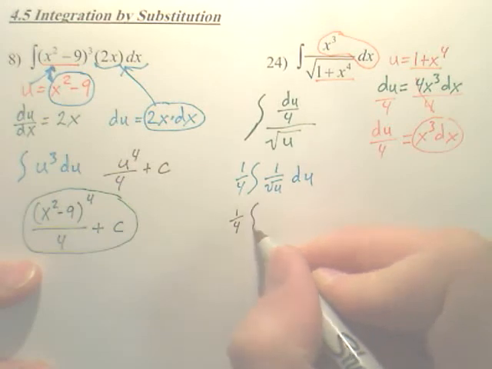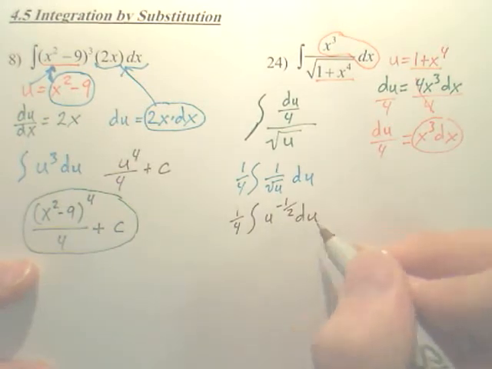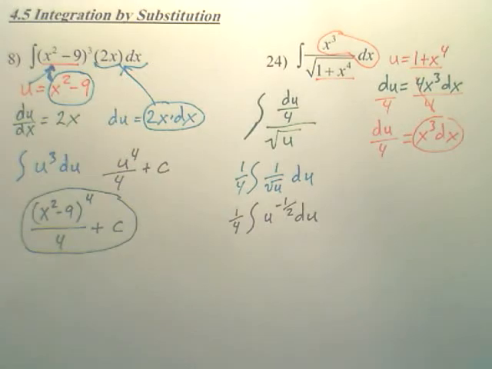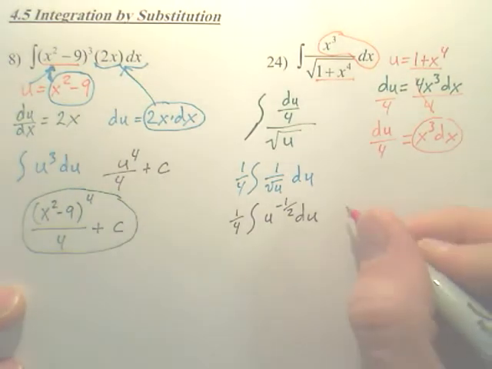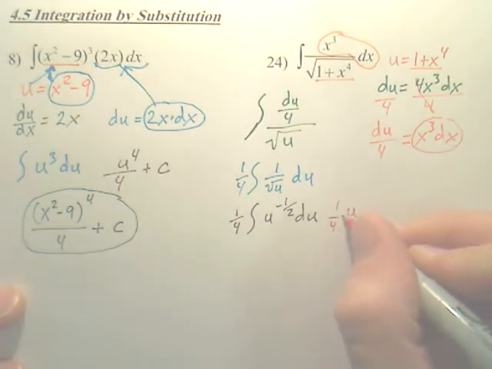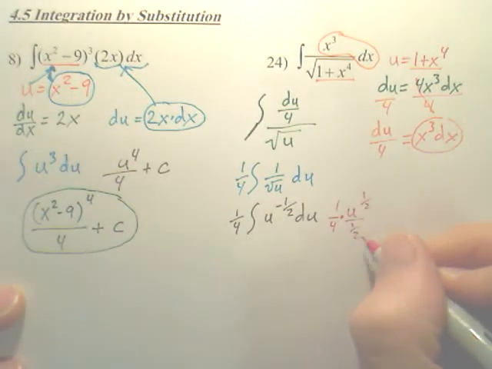Is this integrable? Yeah, watch this. That's 1/4. Isn't this u to the negative 1/2? Doesn't that give us, we add 1, isn't that going to be 1/4 out front, times u to the 1/2 over 1/2?